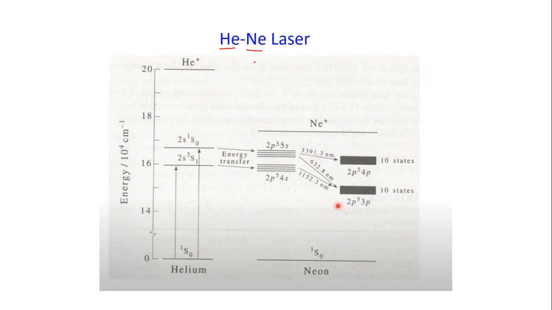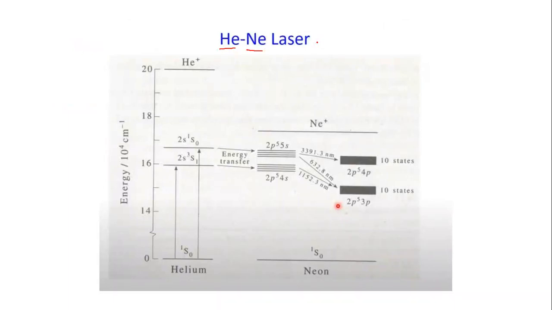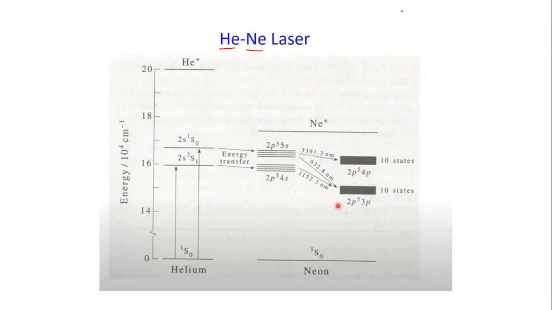First of all, helium and neon both are noble gases. Okay, and the setup is, here they put this gas chamber, or you can say the gas cell, and then here comes the reflecting mirror, which is a totally reflecting mirror, and here is the partially reflecting mirror, and here is a high energy source connected to this compartment.